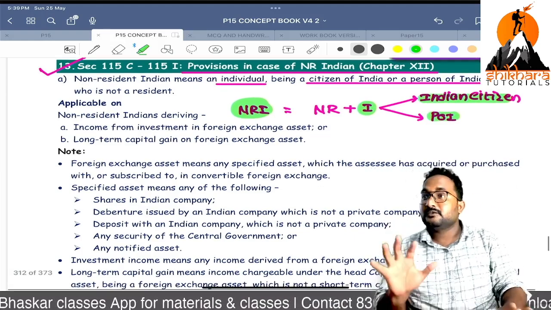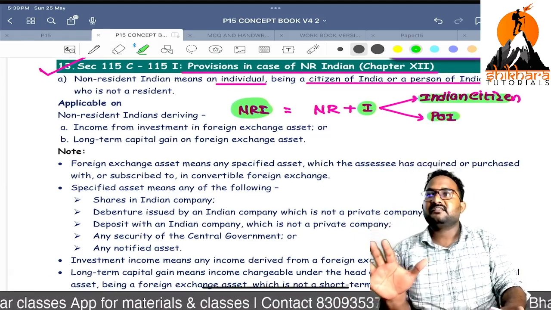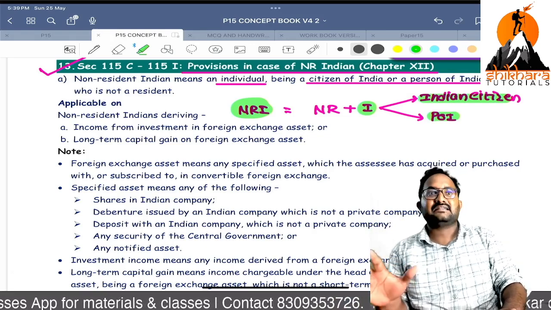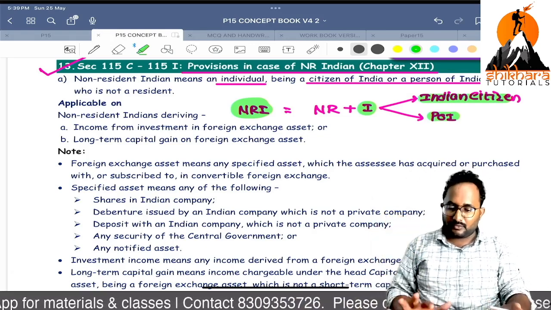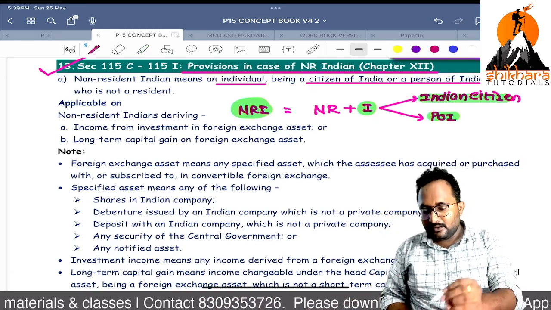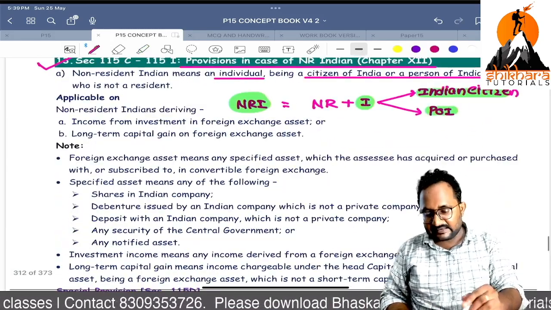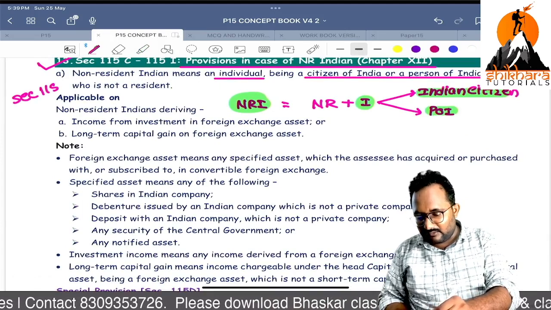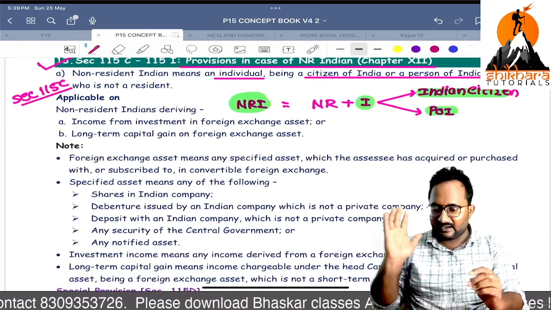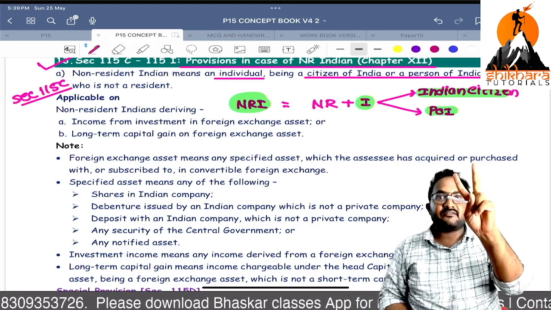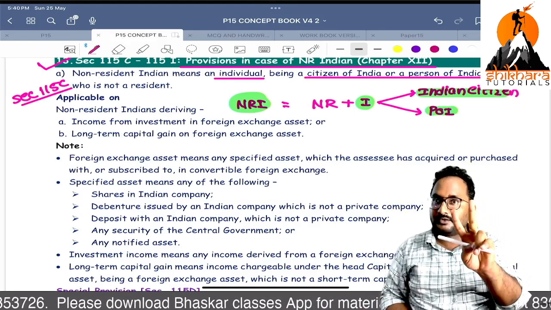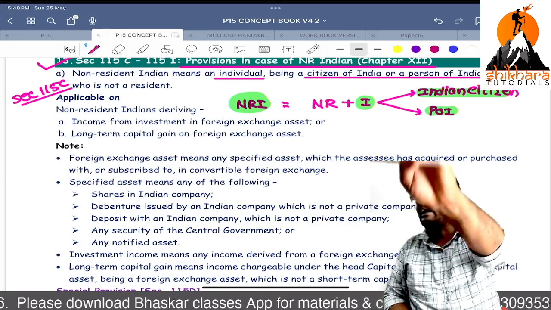So for this person, we have given some benefits also while taxing his total income. So what are those benefits? I will tell you. Now I am discussing which section, ma? Section 115C. What is that 115C? If any non-resident has these two types of incomes, special tax rates will apply on these two incomes.